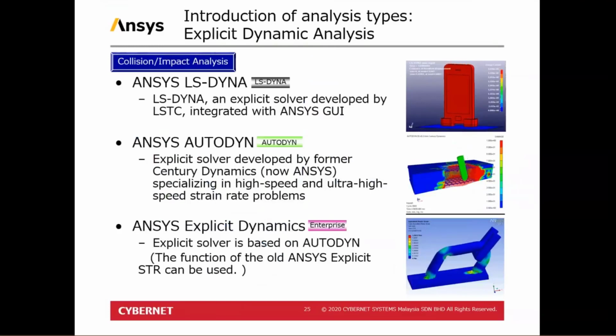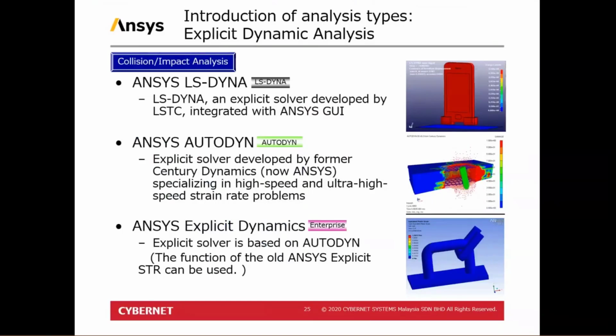So continuing on the theme of dynamic analysis, we have the explicit dynamic analysis. Now, before we go into the product description and example, let me explain briefly about the difference between implicit and explicit dynamics. Implicit and explicit refer to two types of time integration method used to perform dynamic simulation.